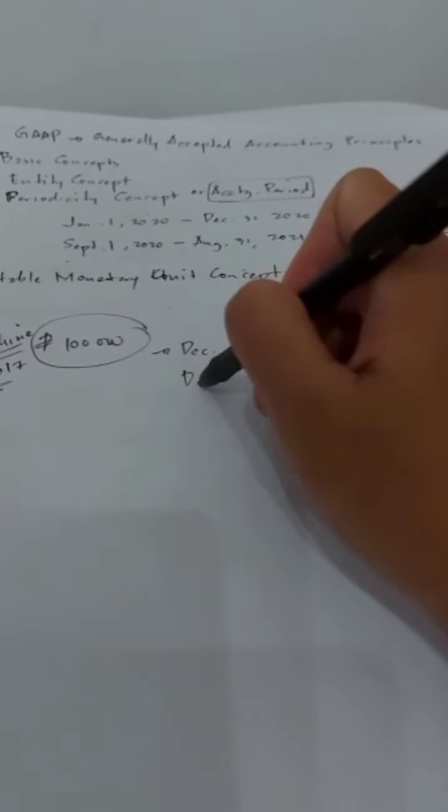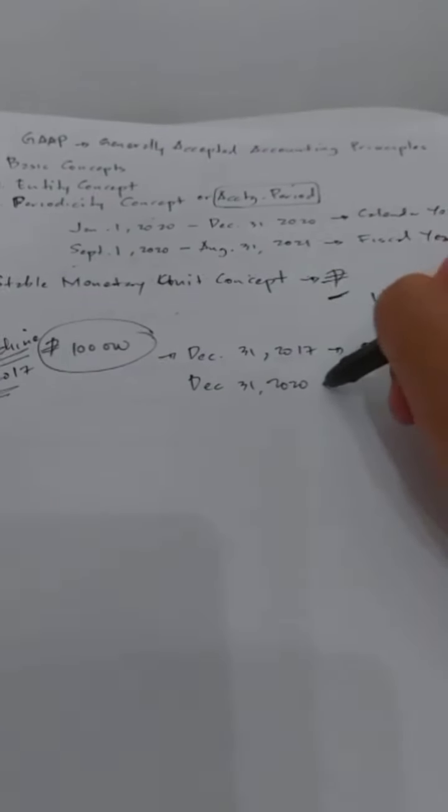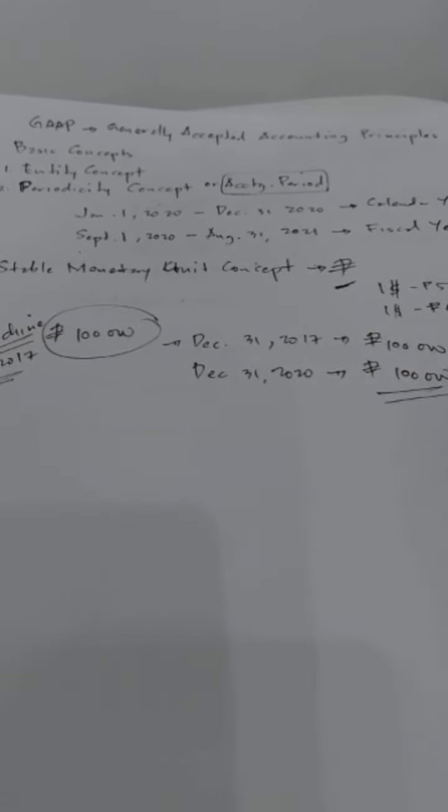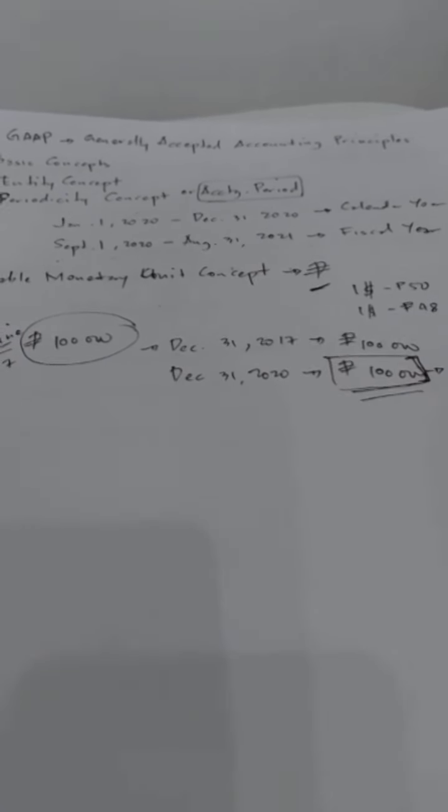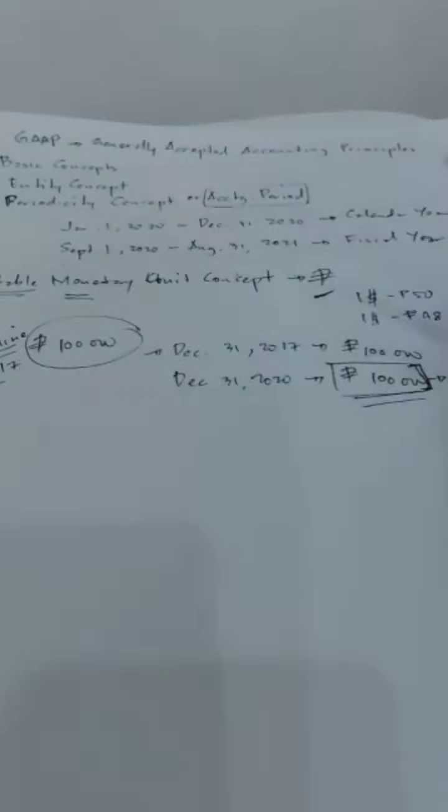Okay, yung cost niya. So, syempre, merong depreciation yan. So, yung depreciation, madidiscuss natin yan sa adjusting entries. So, let's say, yung report natin ngayon, December 31, 2020, ang machine na magre-reflect pa rin, still 100,000. Kahit nasabi mo, ma'am, yung machine po ngayon na yun, binili mo noong 2017, ang value niya lang ay 70,000. So, pero pagdating sa financial report natin, magre-reflect pa rin siya at 100,000. So, stable monetary unit concept.